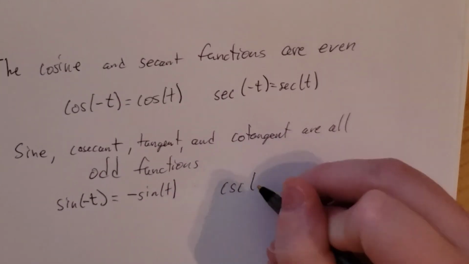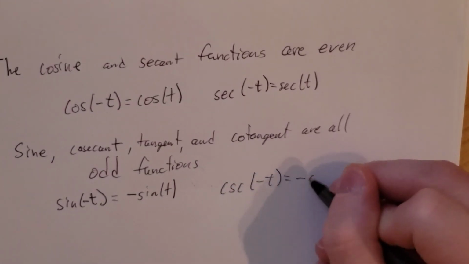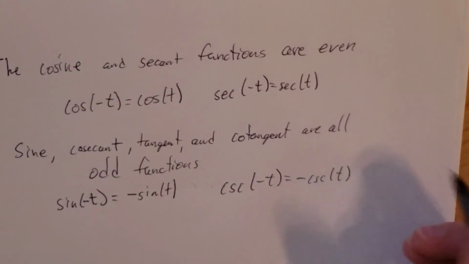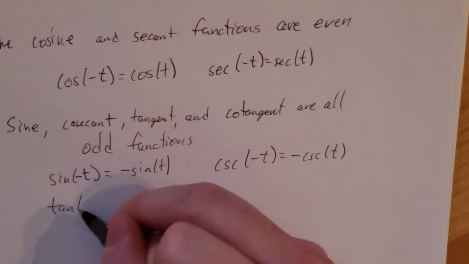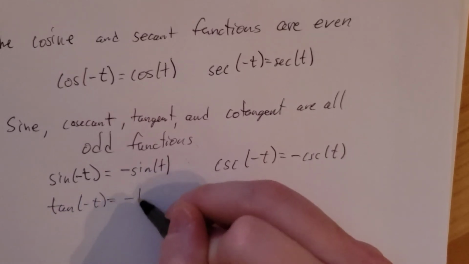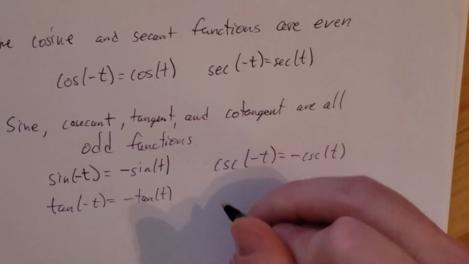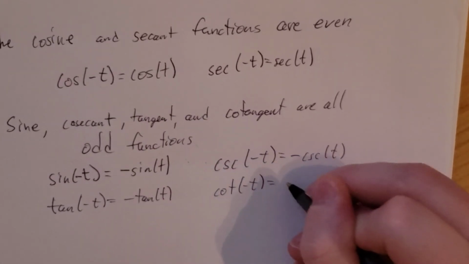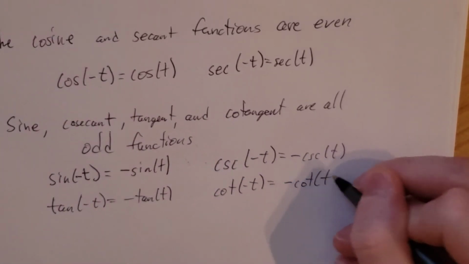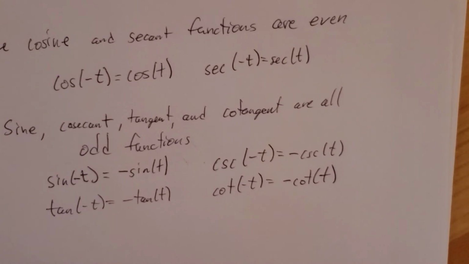Cosecant of negative t is equal to negative cosecant of positive t. And then, of course, tangent of negative t is equal to negative tangent of t. And cotangent of negative t is equal to negative cotangent of t. Okay.